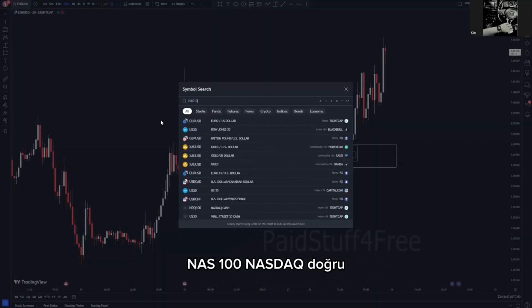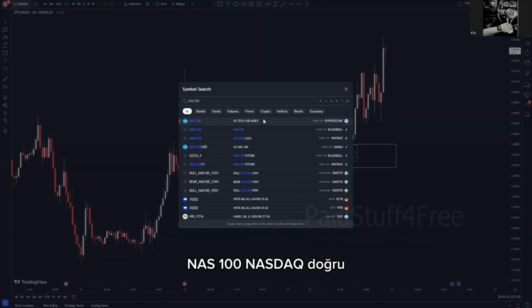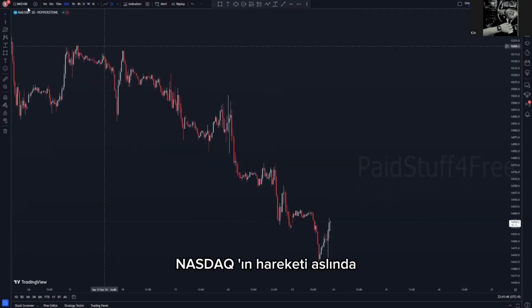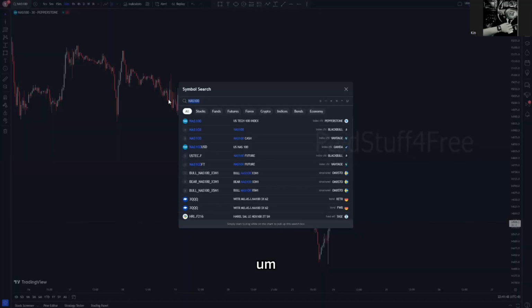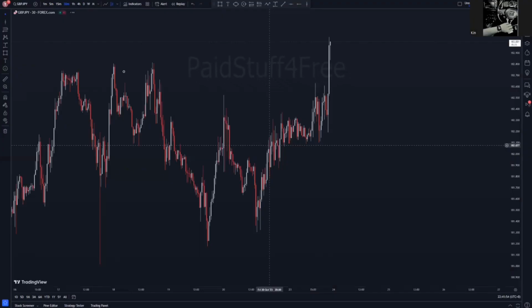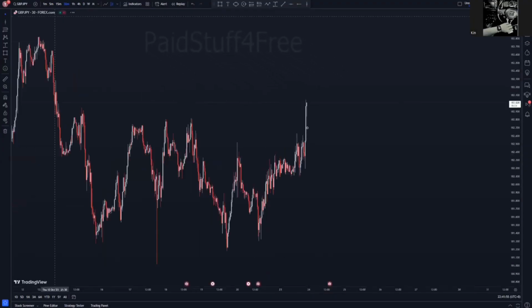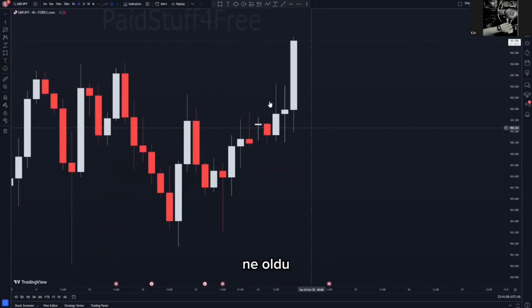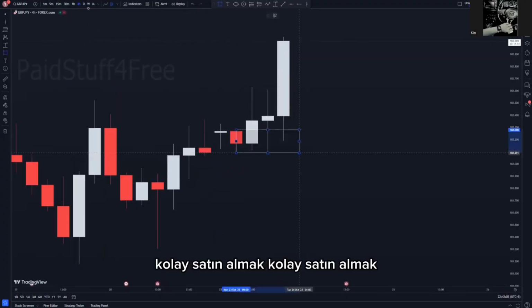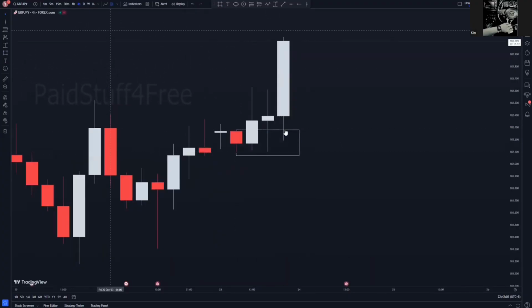NAS 100, NASDAQ, right? Yeah, the movement of NASDAQ is actually the same as yesterday. Let's go to GBP JPY. Sheesh. What happened? EG buy. Get into the EG buy.